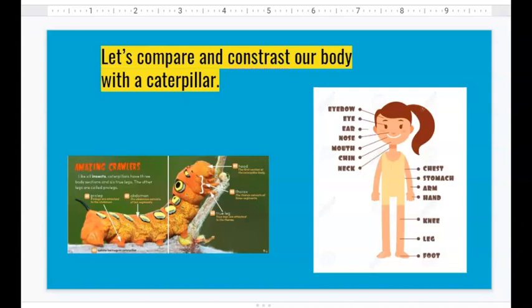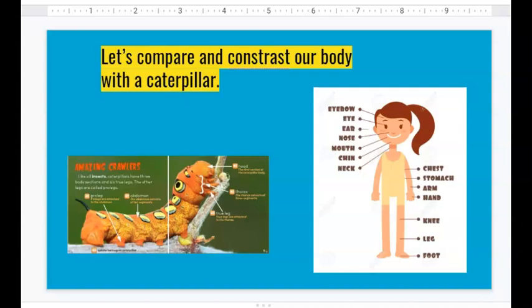Let's think now. Now that we have discussed the different body parts of a caterpillar, let's compare and contrast our body with a caterpillar. Let's think for a moment. What do both people and caterpillars have that are the same when we're talking about our body parts?